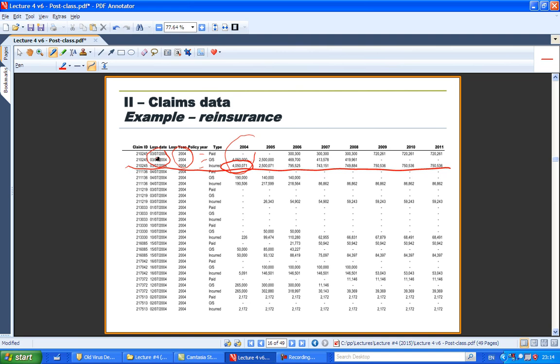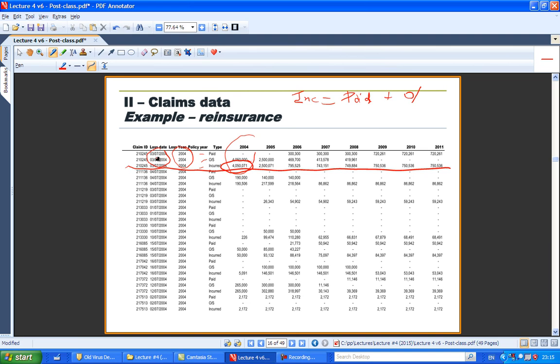Now, I told you there's an error here. Normally the incurred here should be equal to the paid plus the outstanding, right?